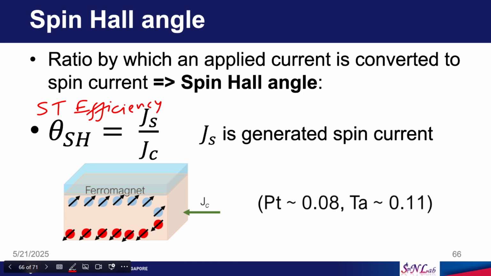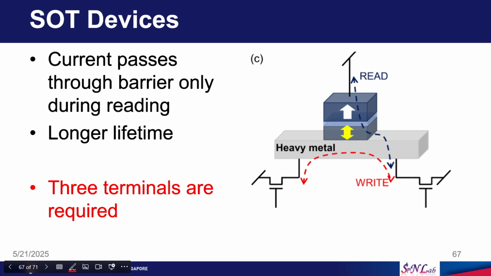So, spin Hall angle is basically defined as the ratio of the spin current by charge current. Let us say you send certain charges here and how much of that results into spin current, and this ratio is called spin Hall angle. So, sometimes people also use the word spin torque efficiency.